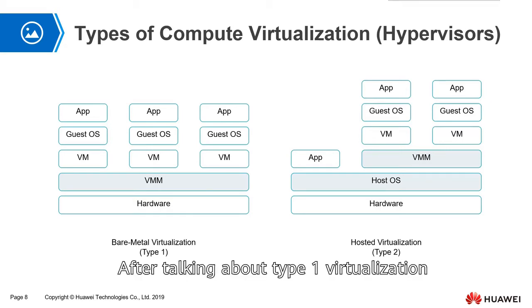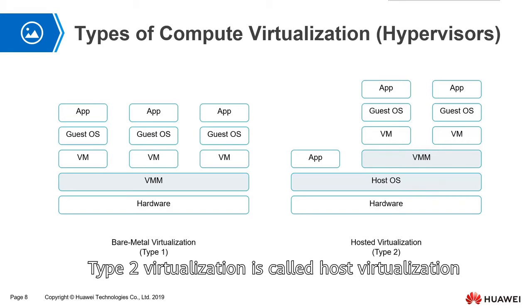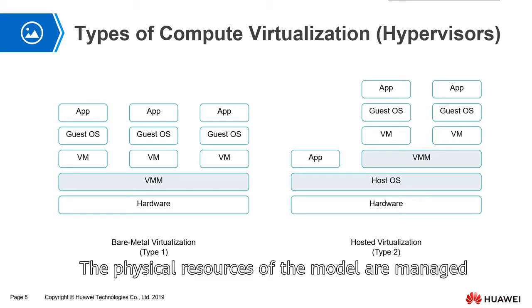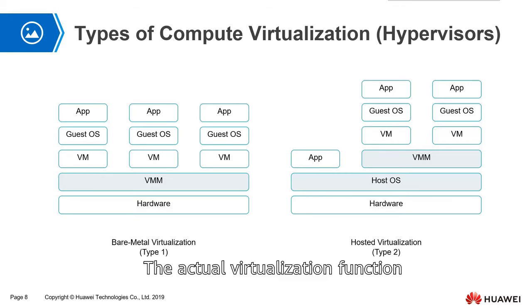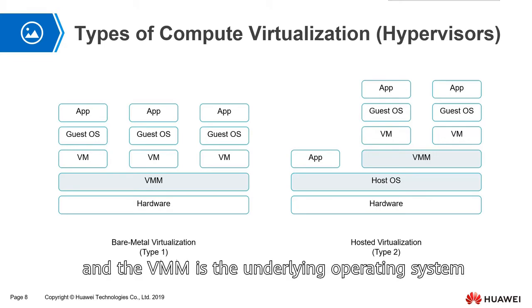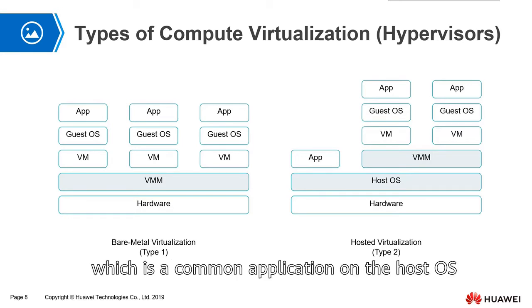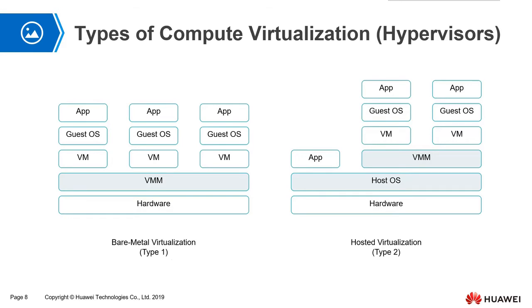After talking about type 1 virtualization, let's take a look at type 2 virtualization. Type 2 virtualization is called host virtualization. The physical resources of the model are managed by the host OS, and the actual virtualization function is provided by the VMM, which is not the underlying operating system but a common application on the host OS.